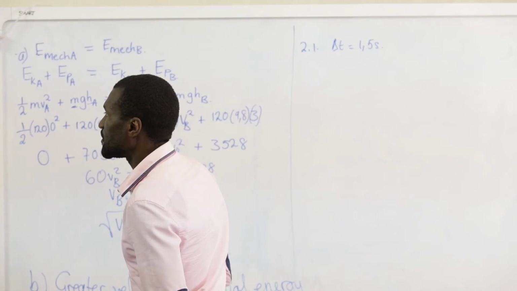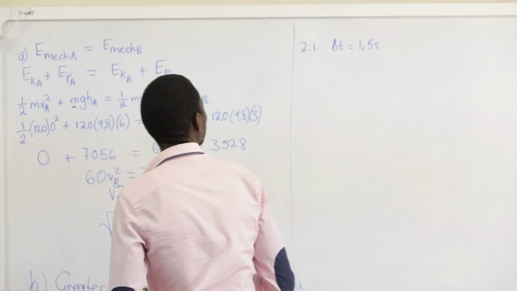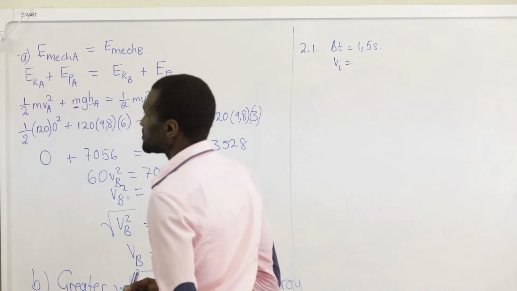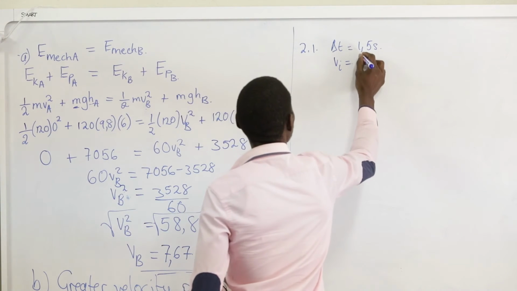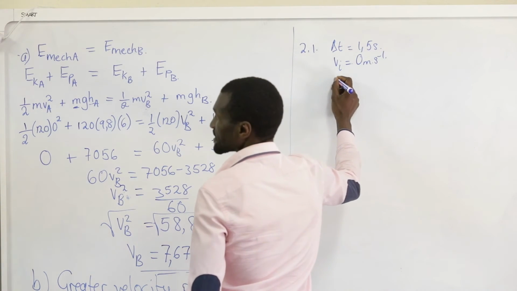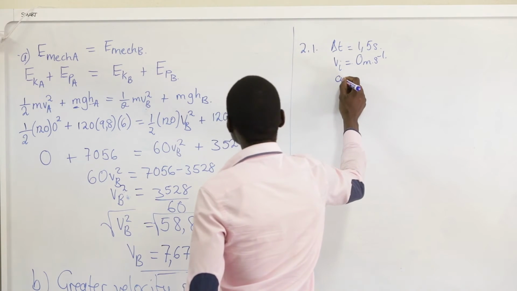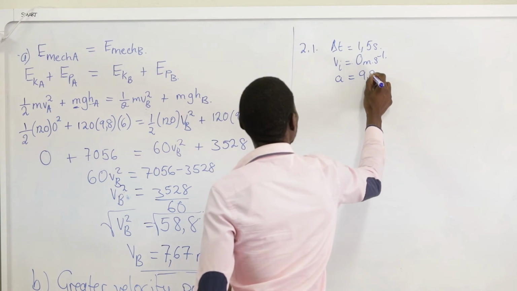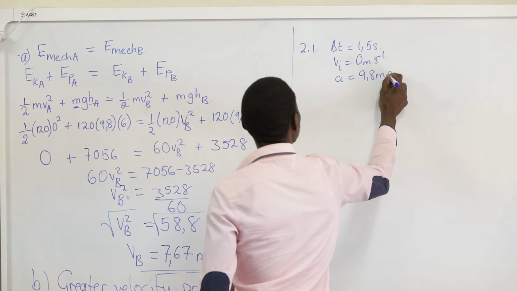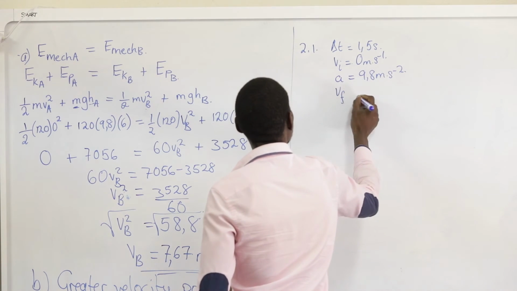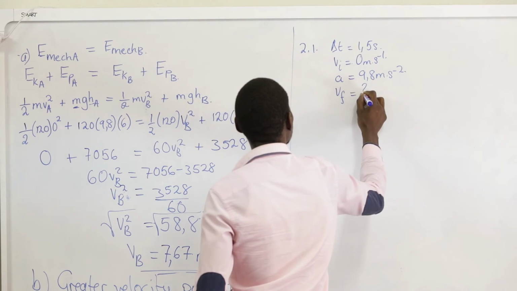What else do I know? I know V initial is equal to 0 meters per second. Okay, I know acceleration due to gravity is 9.8 meters per second squared. So what am I looking for? I'm looking for final velocity.